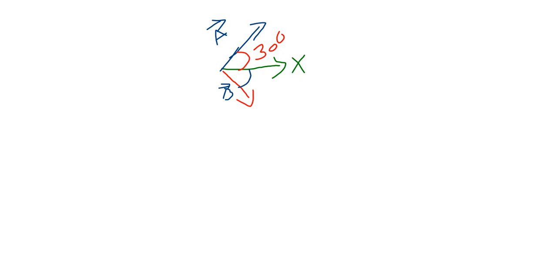Next one is C bar. C bar makes an angle of 45 degrees. So find out the angle between A bar and B bar.